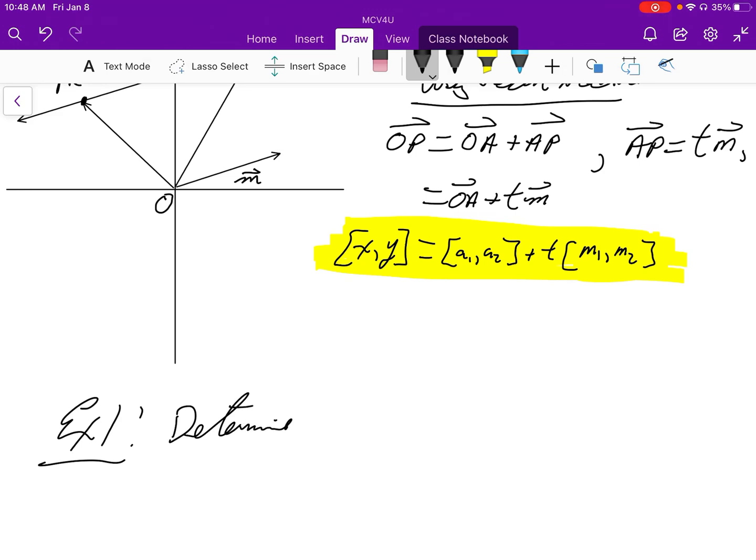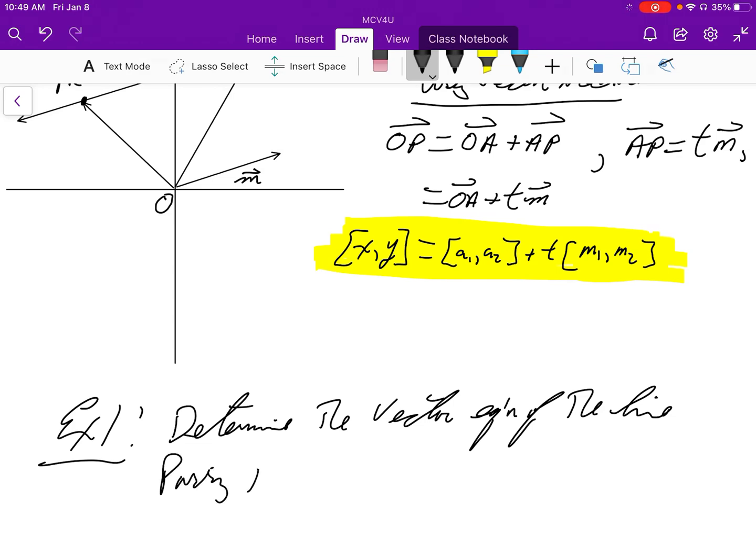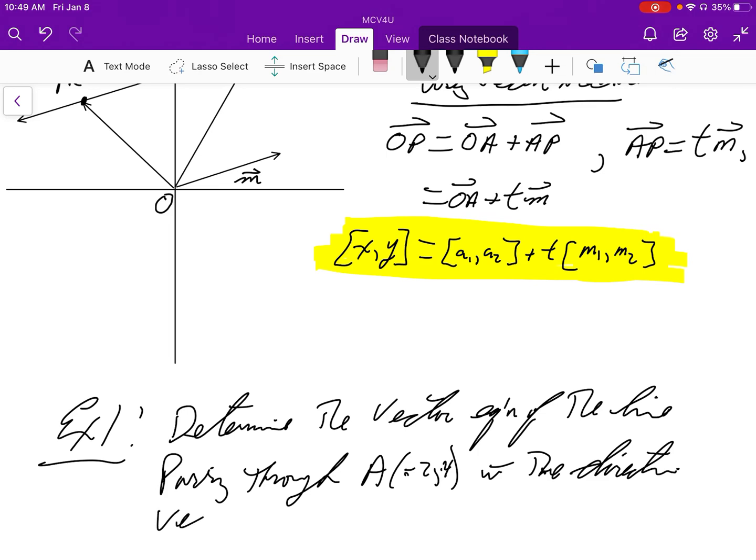Determine the vector equation of the line passing through the point (-2, 4) with the direction vector [3, -1].